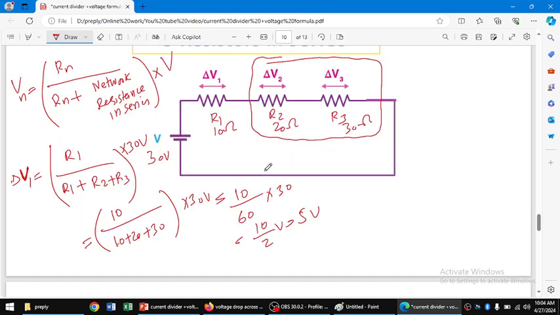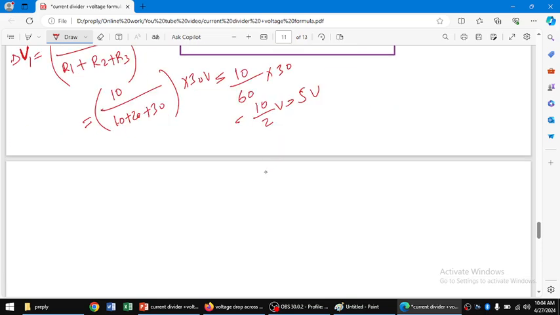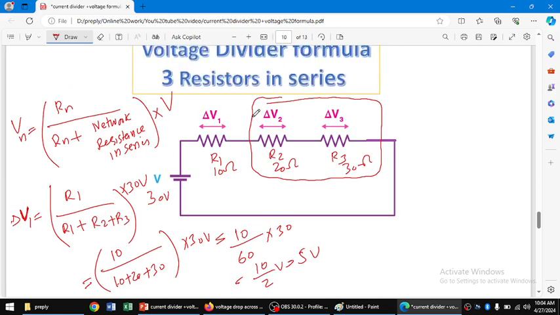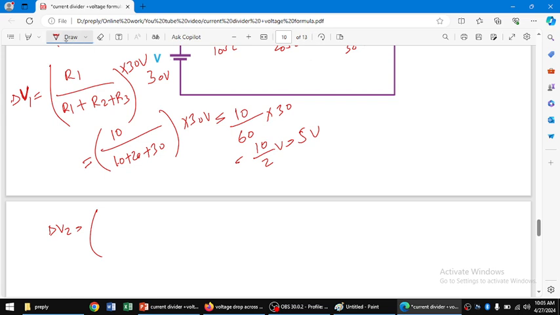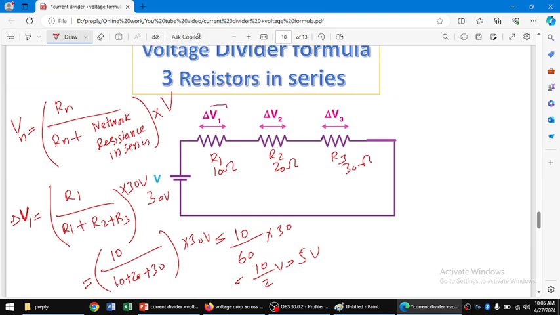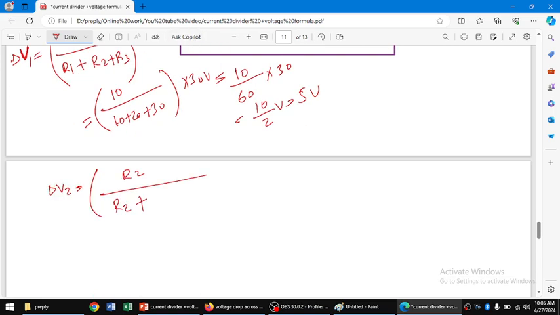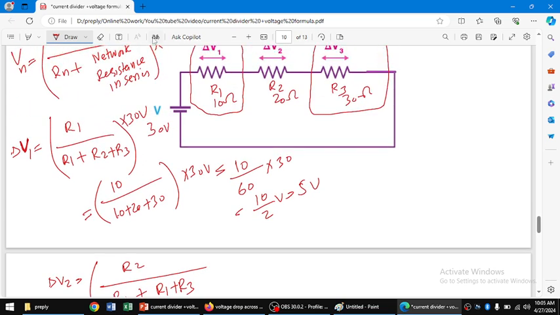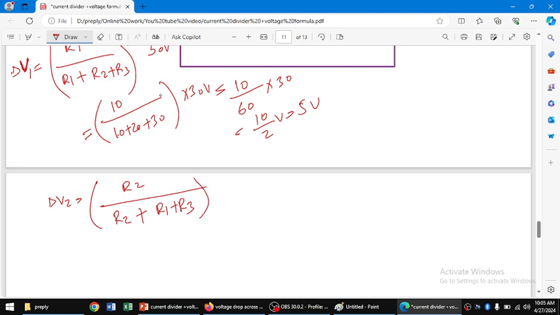Okay, now del V2. In order to find del V2, we use the same resistance R2 divided by R2 plus the network resistance. As we know, R1 and R3 are in series with R2, so the network resistance is R1 plus R3, and we multiply with the source potential, the total potential from the battery, that is 30 volt.